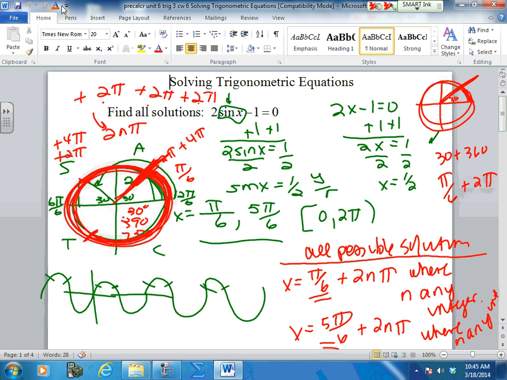I want another angle that's coterminal to this. What should I add to it now? Another 2 pi. So what's 2 pi and 2 pi? 4 pi. So I take this guy and I add 4 pi. So that's 30 plus 720. So that's pi over 6 plus 4 pi. You see what's happening?